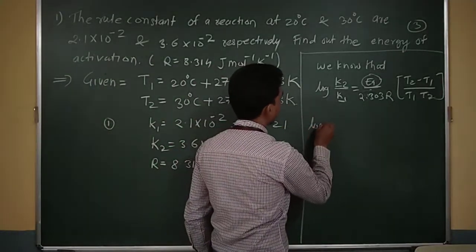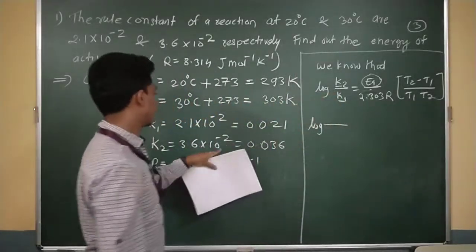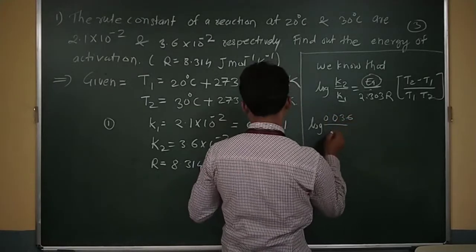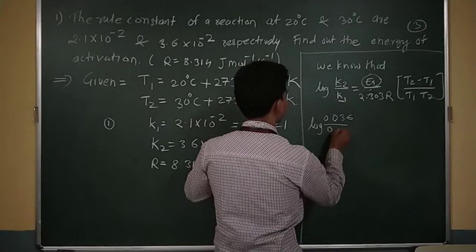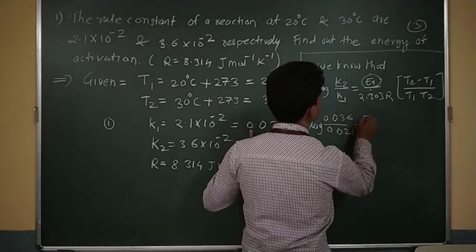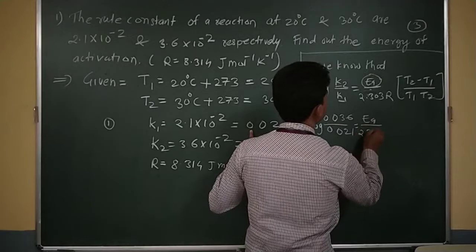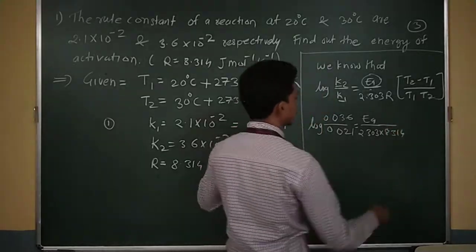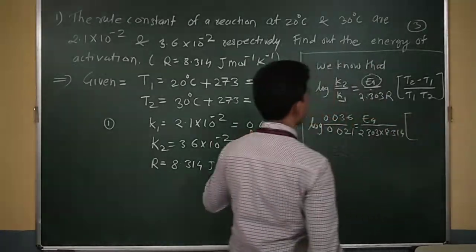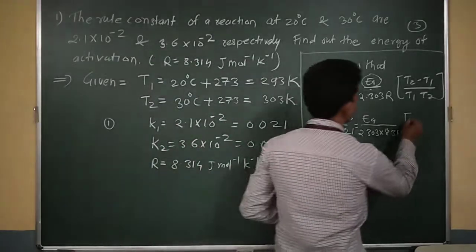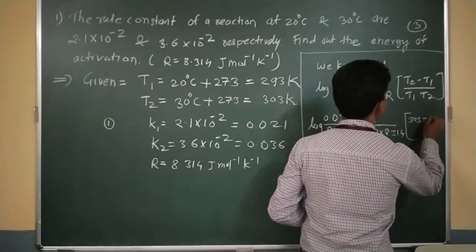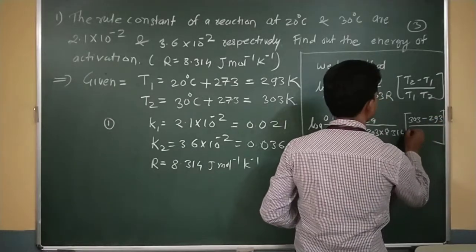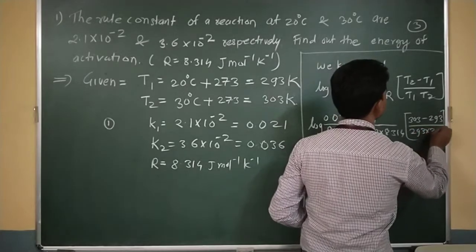So substitute the values of all these things in this formula. So I can write log of K2, which is 0.036, upon K1, 0.021, is equal to EA upon 2.303 into R, 8.314, multiplied by (T2 minus T1), where T2 is 303 minus 293, divided by 293 into 303.